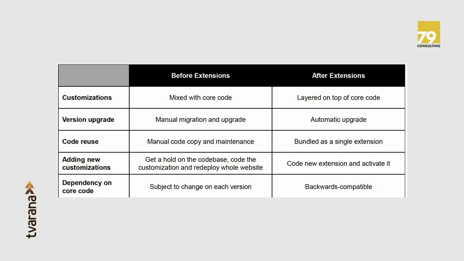But now they're layered on top of the core code. And if you have a Suite Commerce website, you'll know that you get automatic upgrades. That's because you don't have access to make changes to the core code that ships from NetSuite. You can only make your customizations as extensions, so your base bundles can be automatically upgraded by NetSuite.